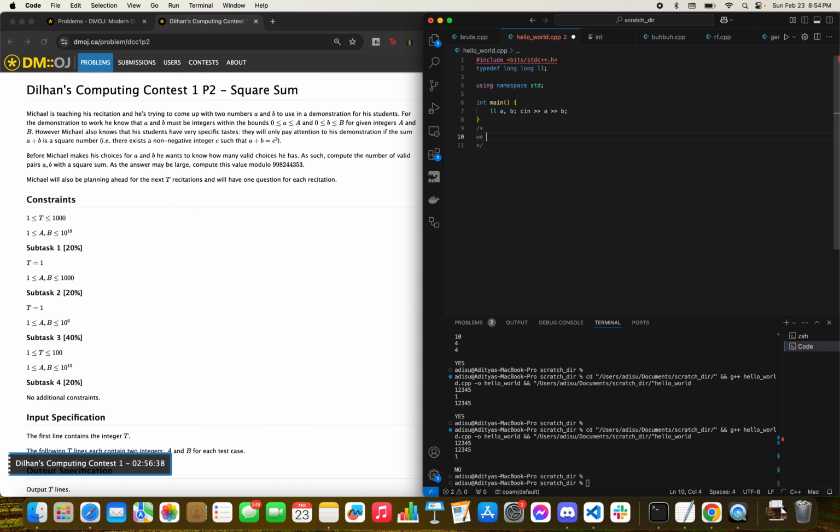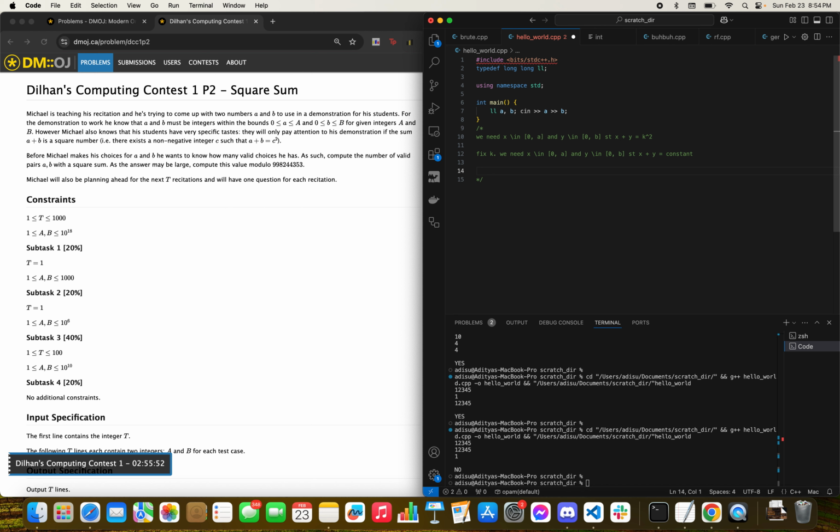It's like we need x in 0 to a and y in 0 to b such that x plus y equals k squared. So we need x and y such that x plus y equals a constant. Y will be bad, then y will be good, and then eventually x will be bad, right?